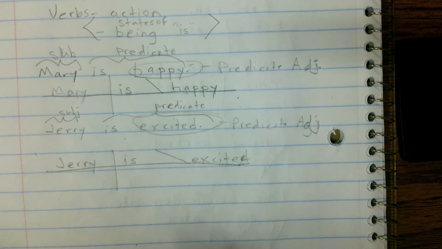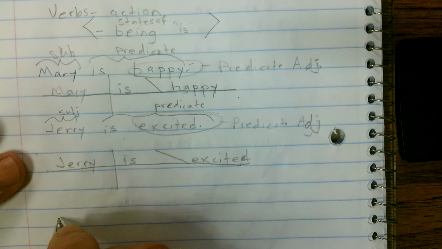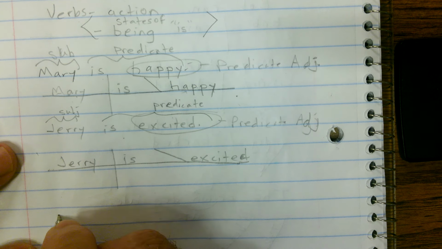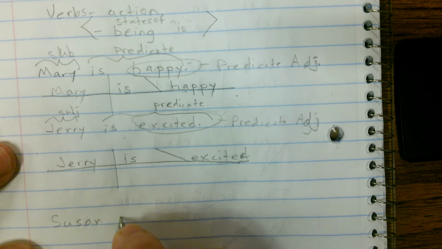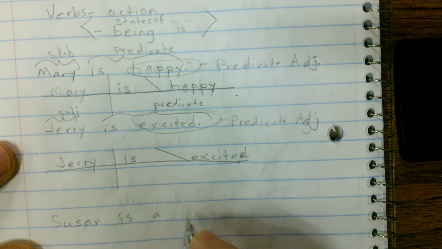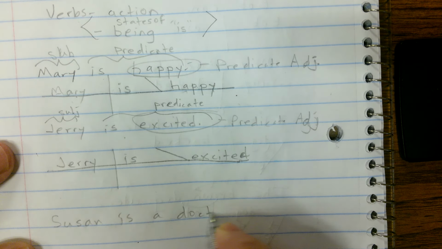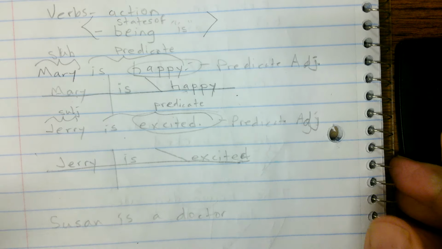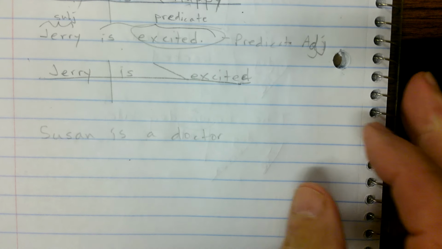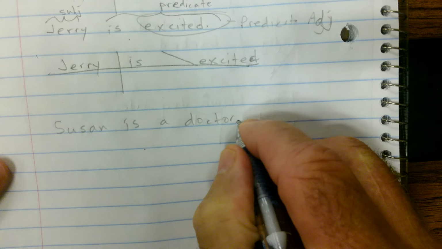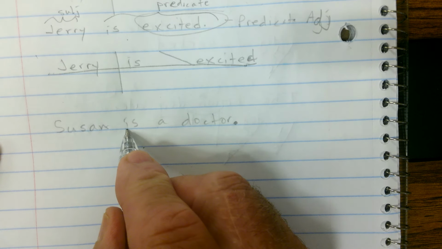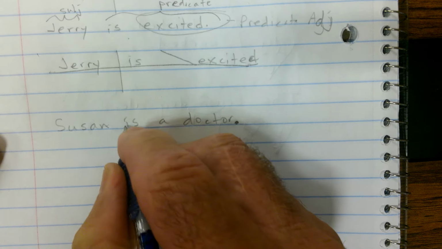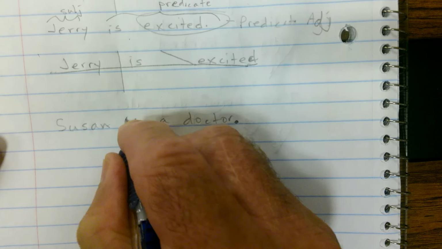There's also another one called a predicate noun. So Susan is a doctor. Okay, so we have Susan is a doctor. Now we know this is a state of being verb, is a doctor.